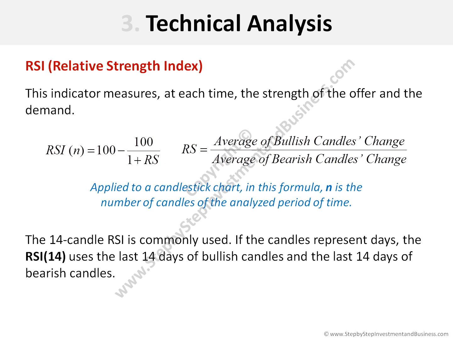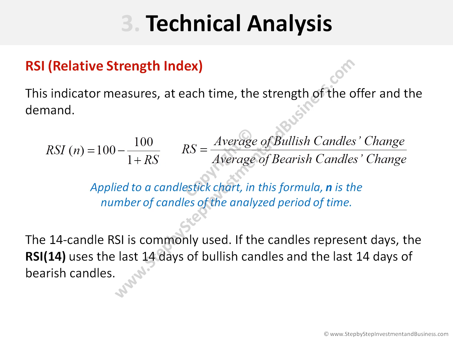It is calculated as 100 minus 100 divided by 1 plus RS, where RS is the average of bullish candles change divided by the average of bearish candles change. Remember that the change is the difference in stock prices relative to the previous day's closing price.